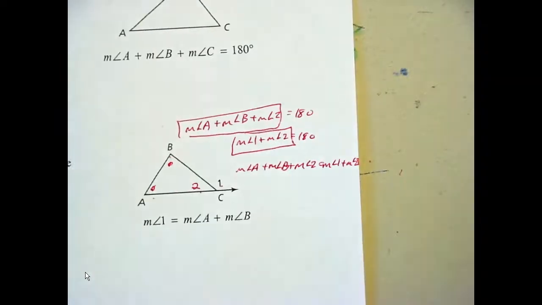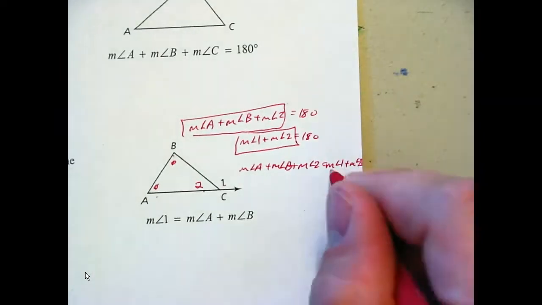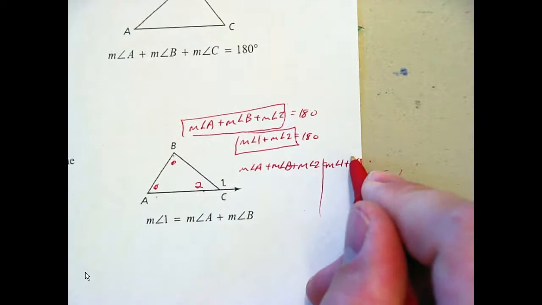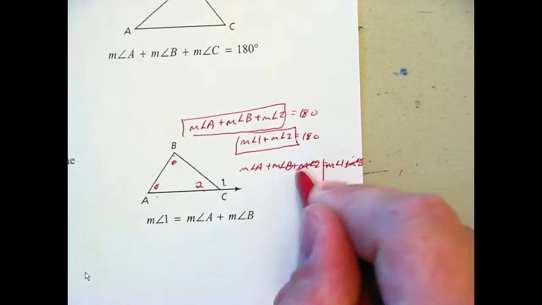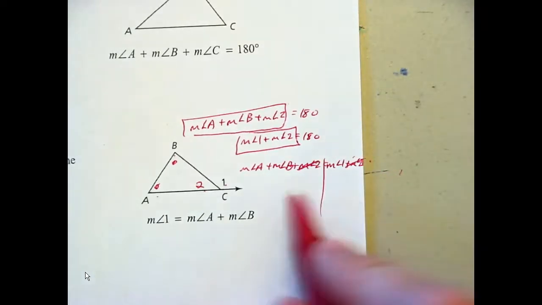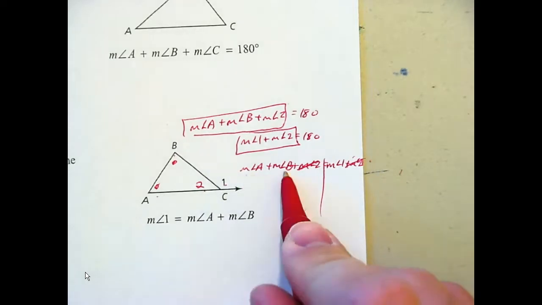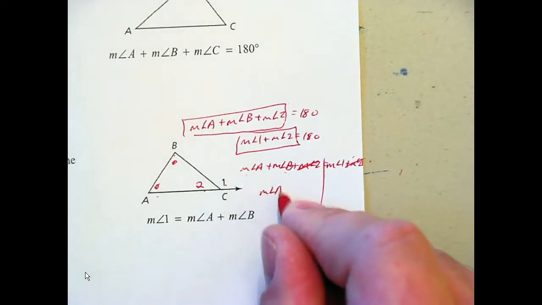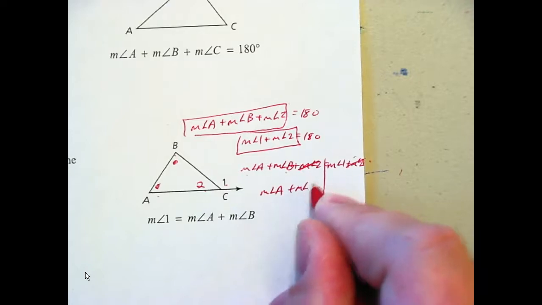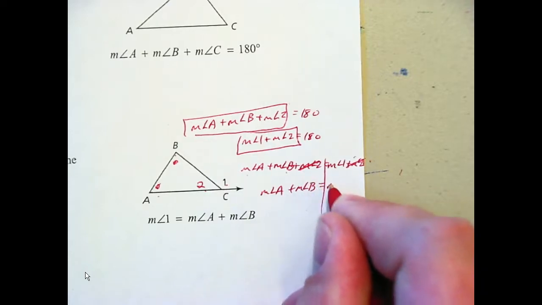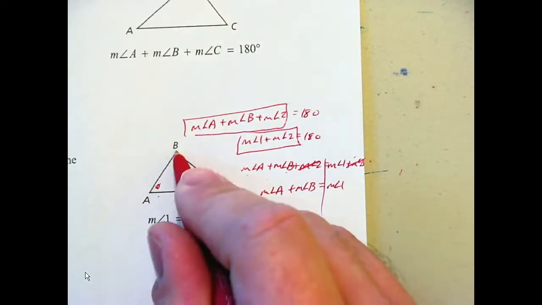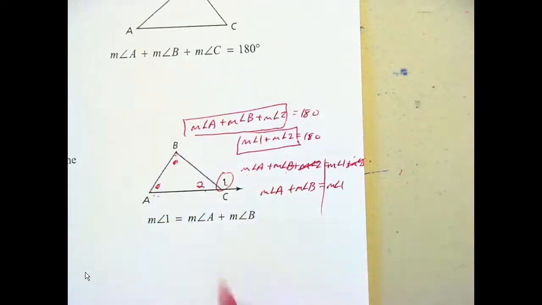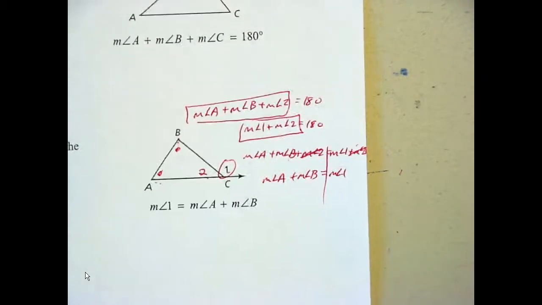Everyone agree? If that's true, I can take this piece off of both sides. That means measure of angle A plus measure of angle B equals what? Measure of angle 1. This plus this has to add up to that. It's always the case.